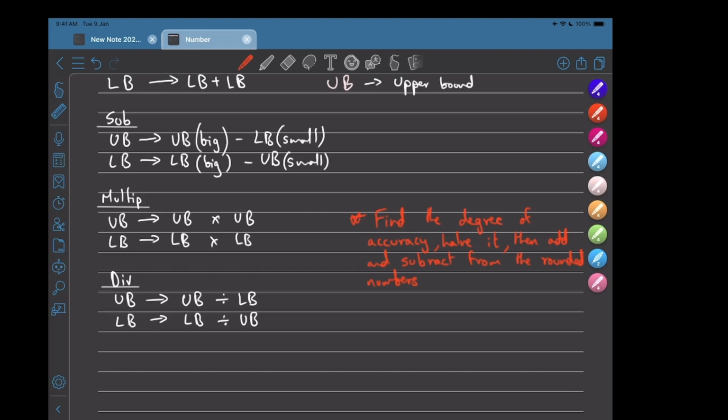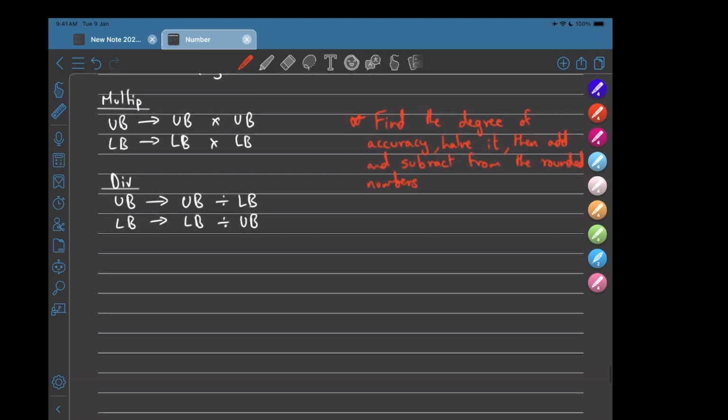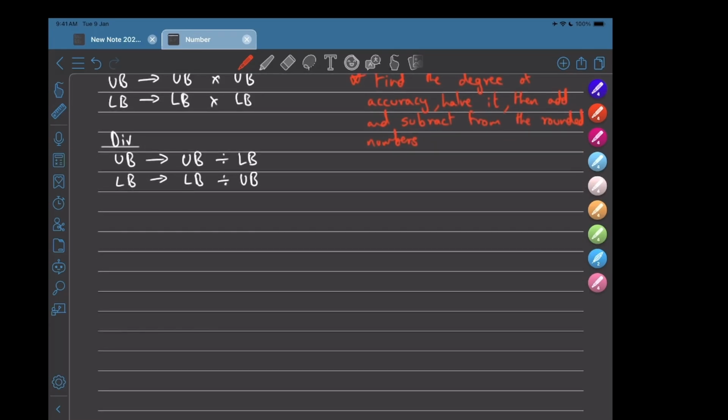When finding the lower bound in subtraction, you take the lower bound of the bigger value and the upper bound of the smaller value. Now, when it is division and you need the upper bound, you take the upper bound divided by the lower bound. In the denominator, it will be the lower bound.